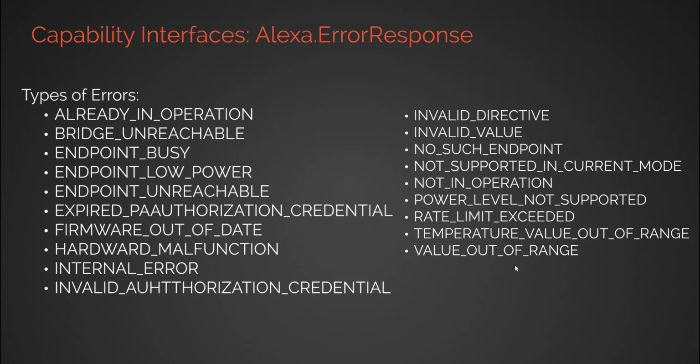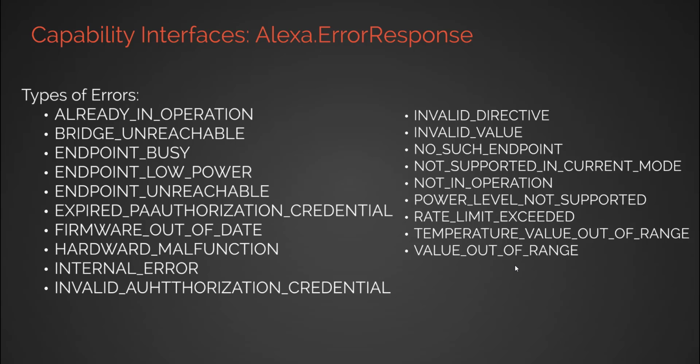Let's say again that you're trying to set a level that's not supported, thinking about a dimmer or something like that, then this would be a case that you could support. Let's say there's a traditional amount of requests that the device can handle, and we go well outside that range.